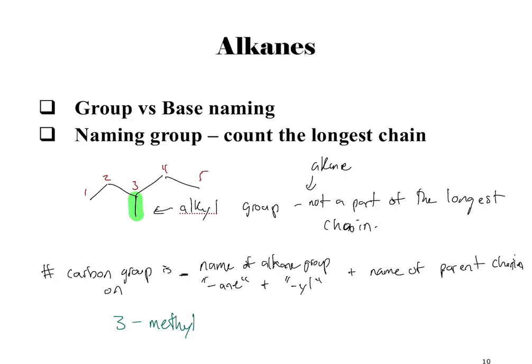And then what was the name of the parent chain here? Pentane? Yeah, there's 5 carbons, so it's pent. It's only single bonds, so this will be pentane. So 3-methyl indicates that that's an alkyl group on the third carbon. Pentane is the main chain you have in this molecule.